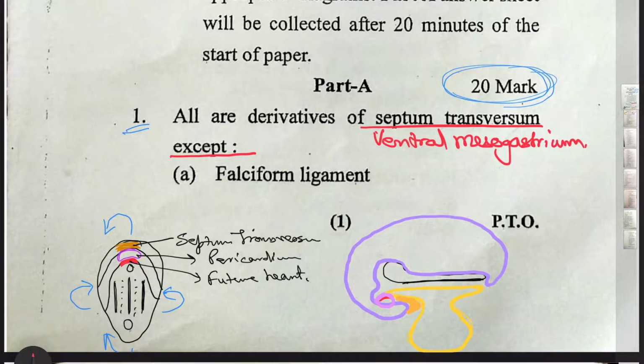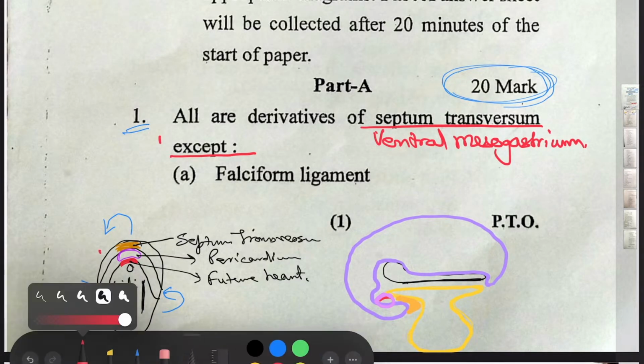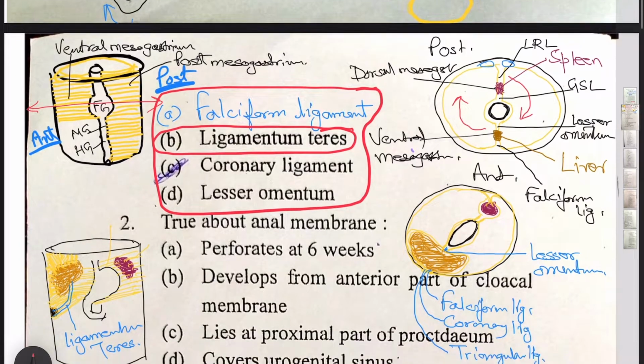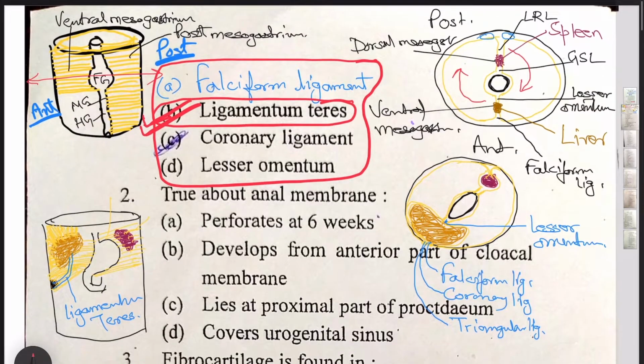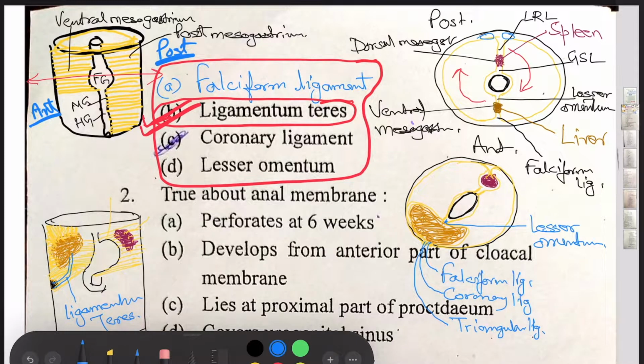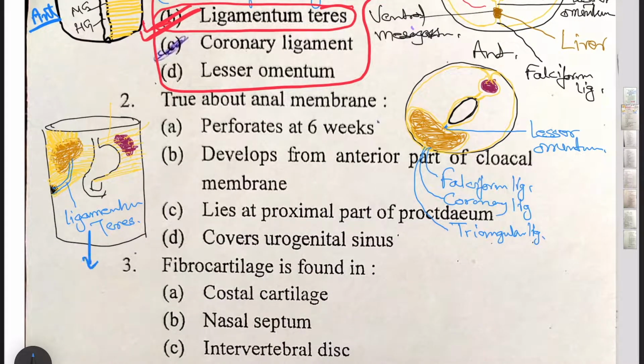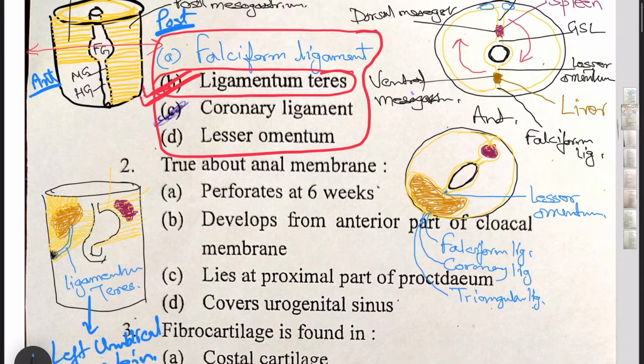So it's also not a well defined question. So here we come back, your answer will be ligamentum teres, because the ligamentum teres is a derivative of left umbilical vein. Let me write it here. So your answer is ligamentum teres.